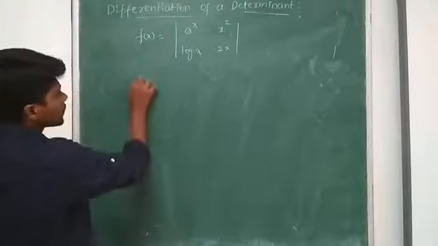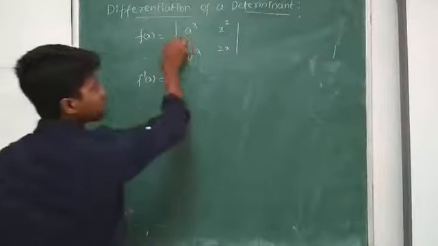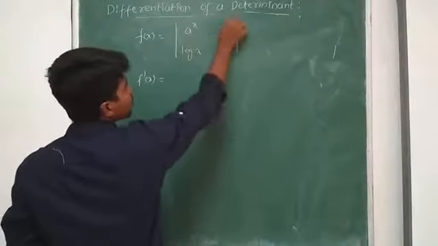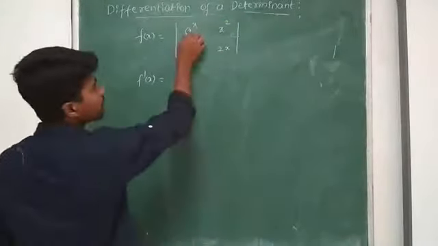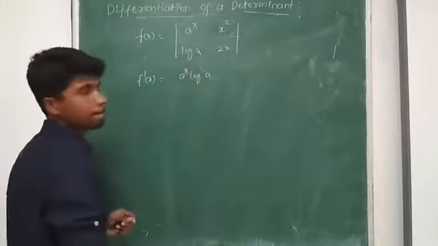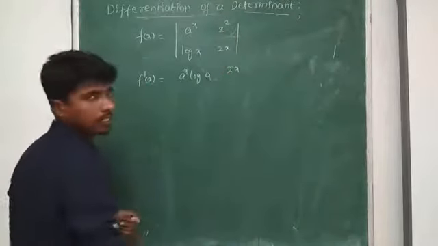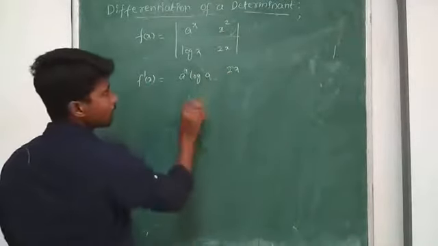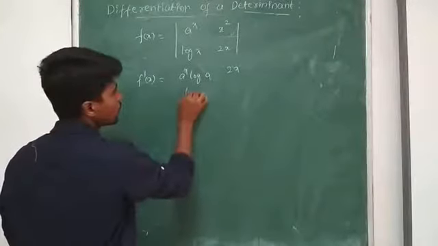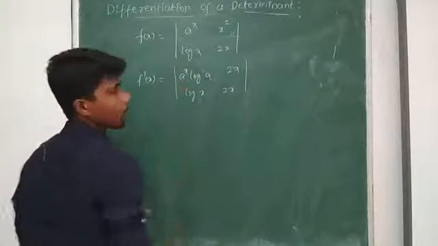Now f dash of x, shall we do with respect to row? So I am doing with respect to row. I have to find the differentiation of the first row: differentiation of a power x is a power x into log a, differentiation of x square is 2x. And the next row will be kept as usual, which is nothing but log x and 2x.